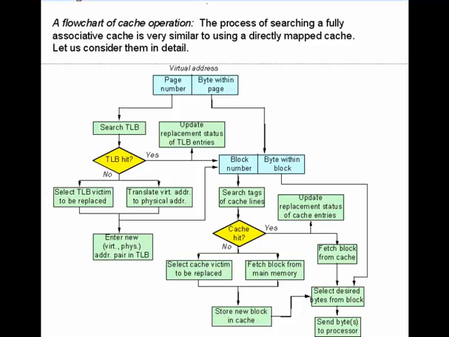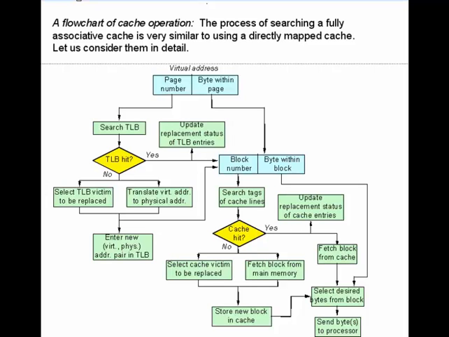Well, okay, but before we go on to talk about the physical side here, let's assume that there was no TLB hit. If that's the case, we need to get rid of some TLB entry so we can replace it. We need to select a TLB victim. And at the same time we're doing that, we're translating the virtual address to the physical address.